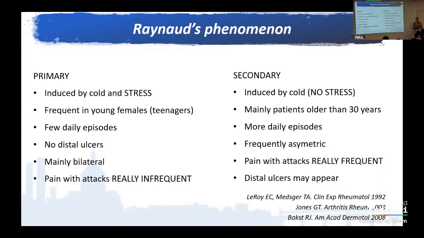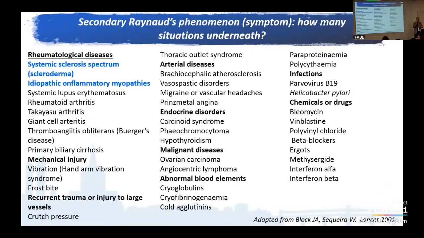Every Raynaud phenomenon with ulceration is not a primary Raynaud phenomenon. This is the golden rule that you should consider in these patients. But we have rheumatological causes, and you know what causes, but we should consider we could have different causes that should be explained. And this is a list of possible problems.